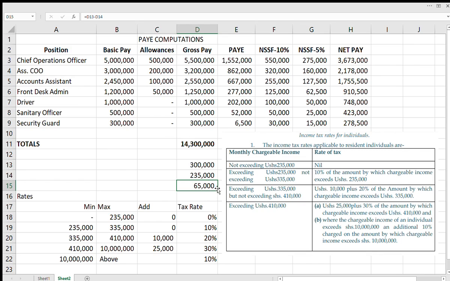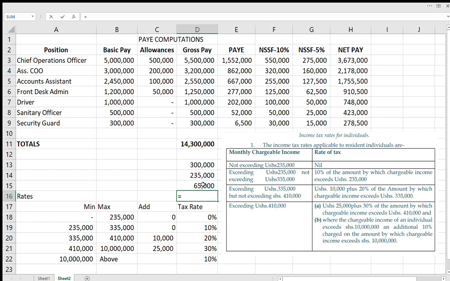According to our rates here, we take this difference by which the 300,000 shillings is exceeding the 235,000, which is the 65,000. We compute from this, which says to get 10% of it, is what that person has to pay.